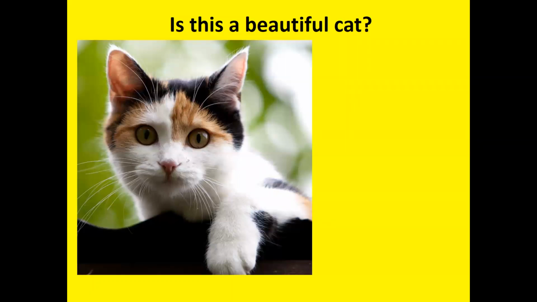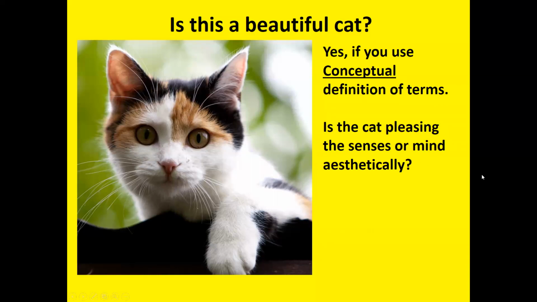Yes, Bill, can you remember the 4 criteria of a beautiful cat I talked about just now? Does this cat fulfill that criteria? If you just use conceptual definition of terms, meaning the meaning of the word beautiful cat, pleasing to the eye, yes, the cat is pleasing to the senses and mind aesthetically.